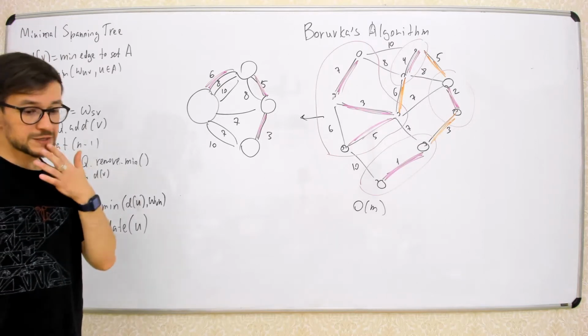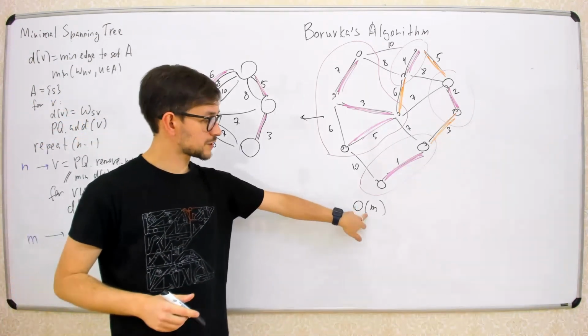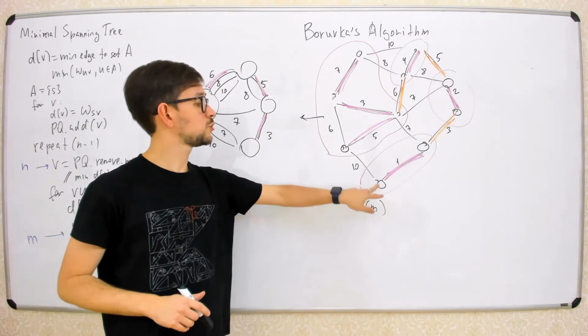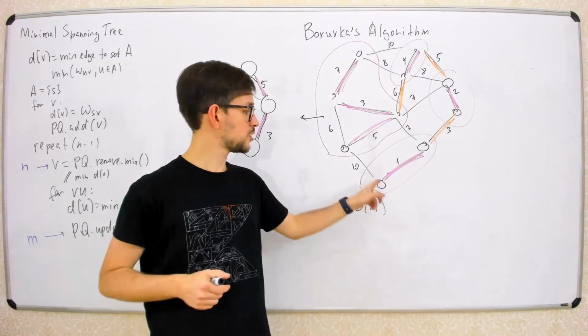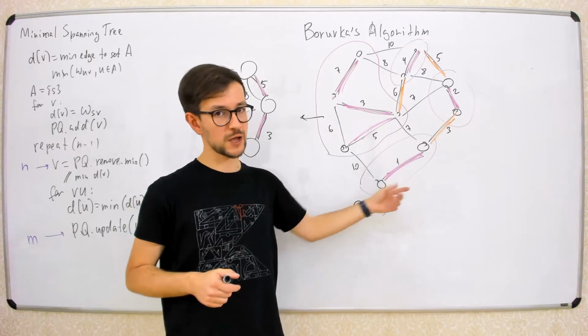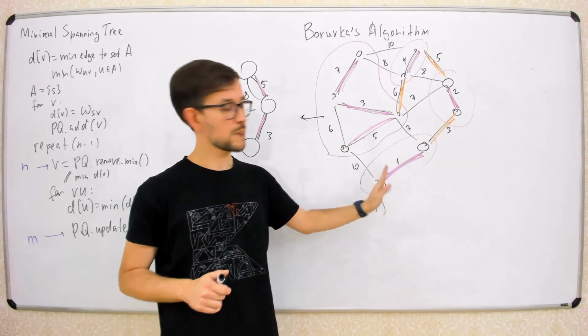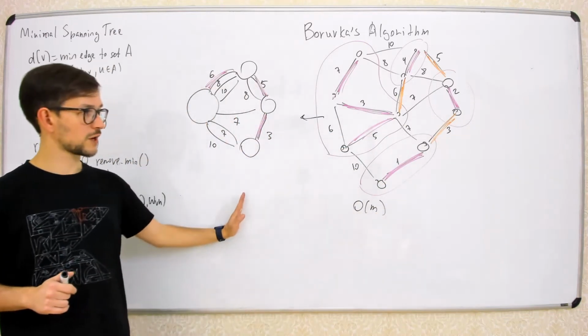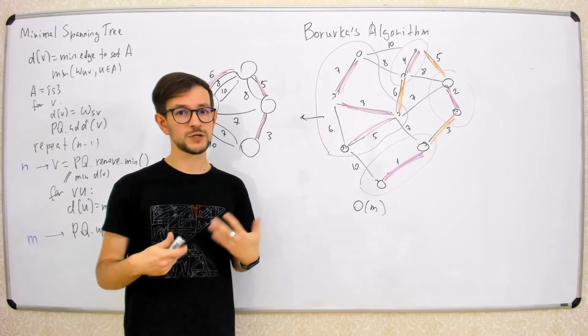Now, what is the time complexity? Each iteration takes linear time, because you need to iterate over all edges for every node. You can find the minimum in linear time. So for each node, you iterate over all edges, find the minimal edge, add it to your spanning tree. So you can do all this in linear time. And now, when you compress all the connected components, the size of the graph will be decreased at least twice.